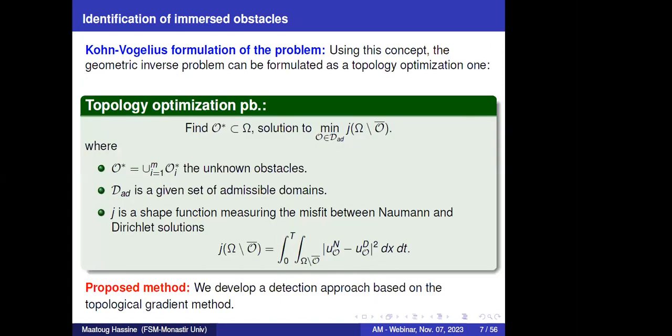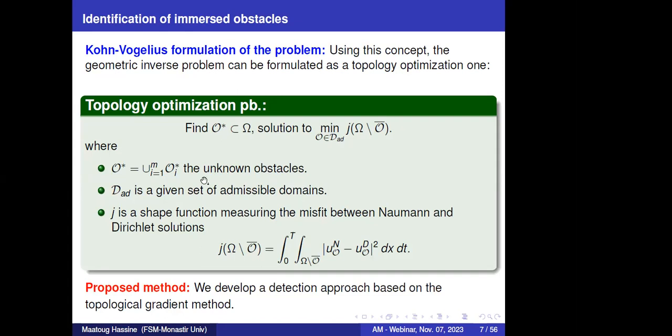So using this concept, the geometrical inverse problem can be formulated as a topology optimization one, where the unknown obstacles domain will be characterized as solution to a topology optimization problem, minimizing a shape function which measures the misfit between Neumann and Dirichlet solutions.